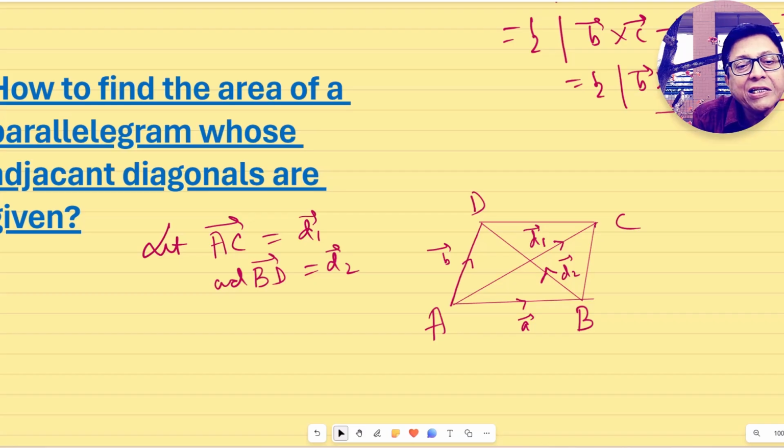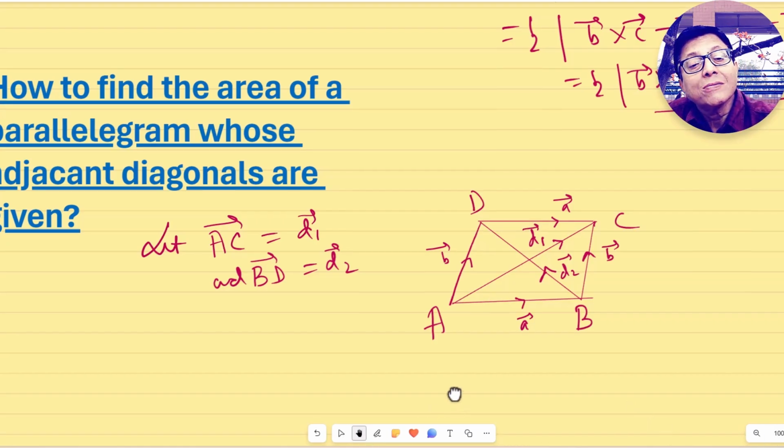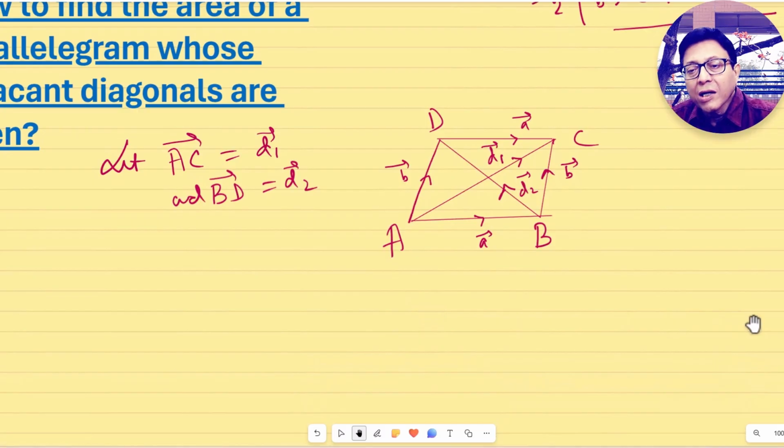Let AC equal to D1 and BD equal to D2. What we are going to do? We are going to find the sides first, because we have found the area in terms of two adjacent sides.